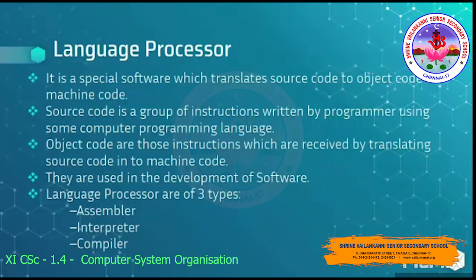There are three types of language processors: assemblers, compilers and interpreters. Assembler, the language processor, converts the program written in assembly language into machine language. Interpreter is a type of system software that translates and executes instructions written in a computer program line by line, unit by unit, etc. Compiler.